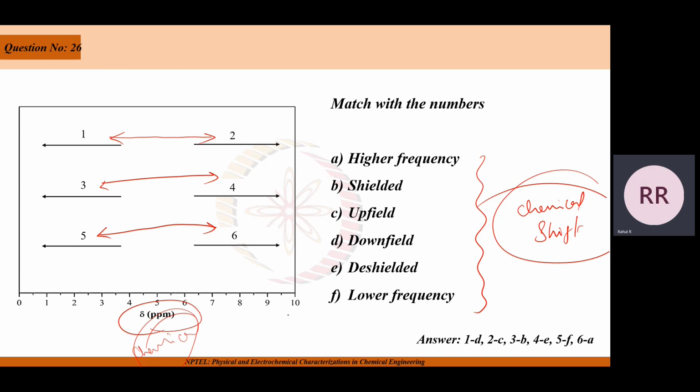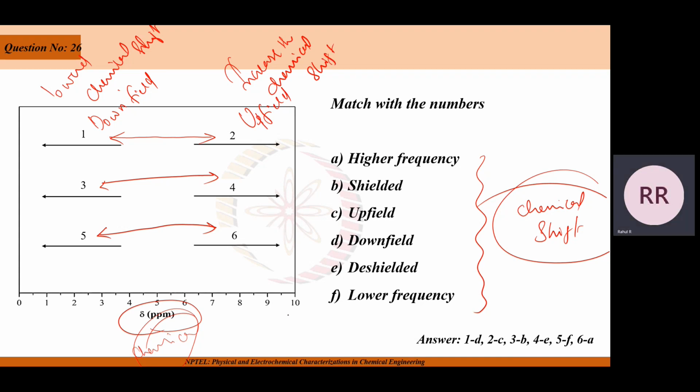The answer to this question is that one corresponds to downfield. Downfield corresponds to a lowered chemical shift, whereas two corresponds to upfield, which increases the chemical shift.